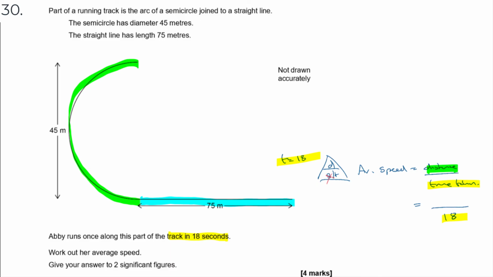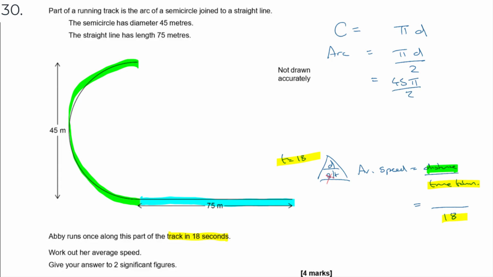Now, we know that the diameter of the circle is 45, and I know that the circumference of a circle is pi times its diameter. But we've got a semicircle, so our arc length is going to be half of that: pi times diameter over 2. The diameter is 45, so it's 45 pi over 2.